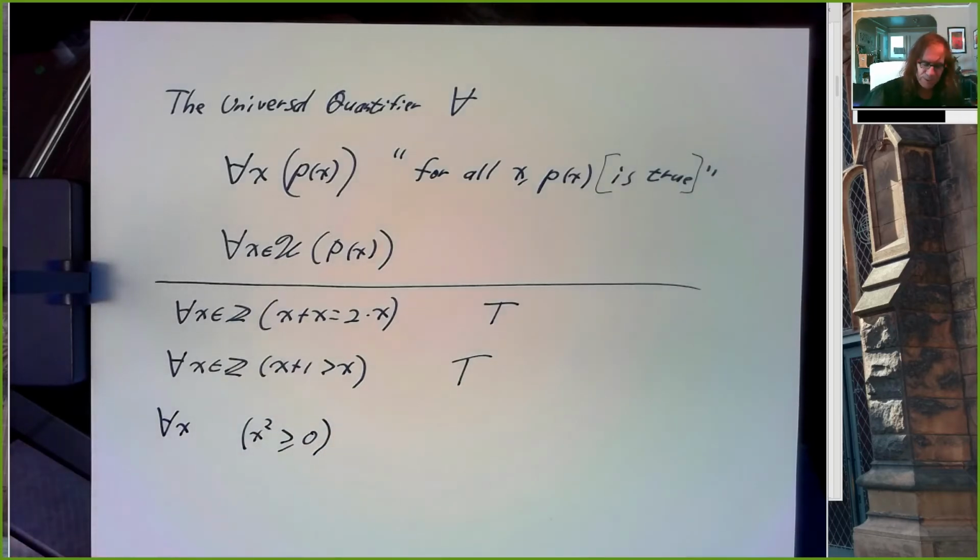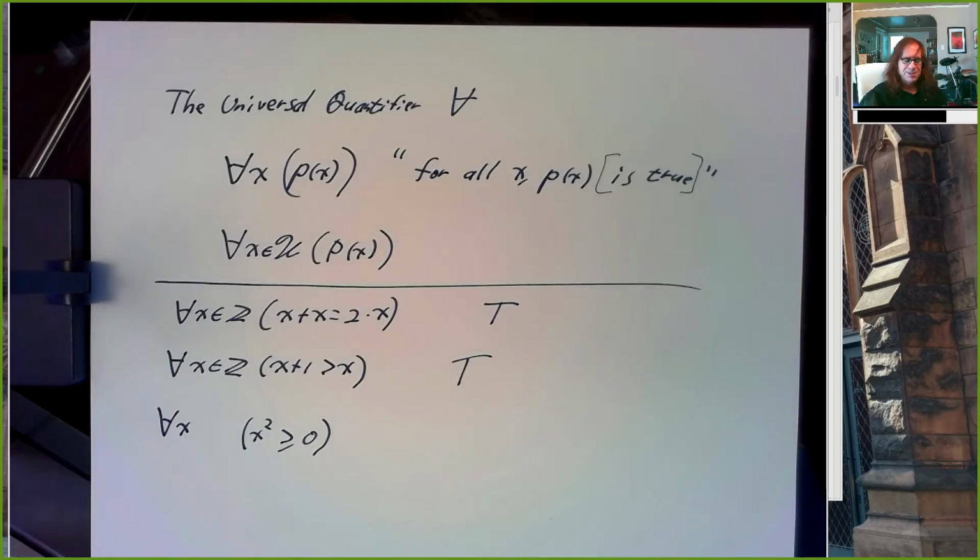For all x, x squared is bigger than or equal to 0. True. Why is it true? Because for all negative and positive integers, it's greater than 0, and for 0 itself, it's equal to 0.